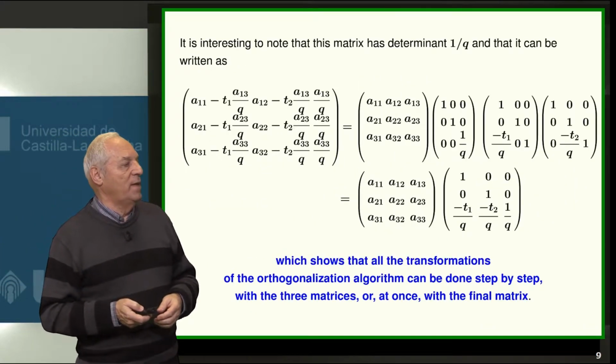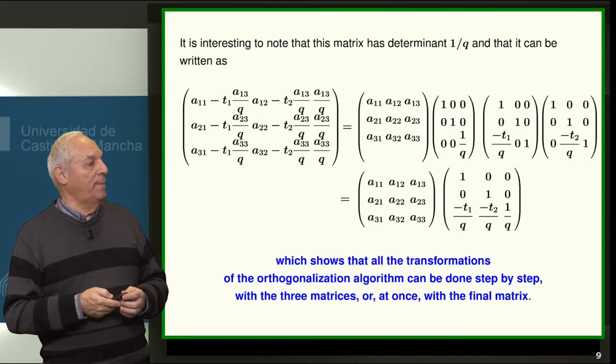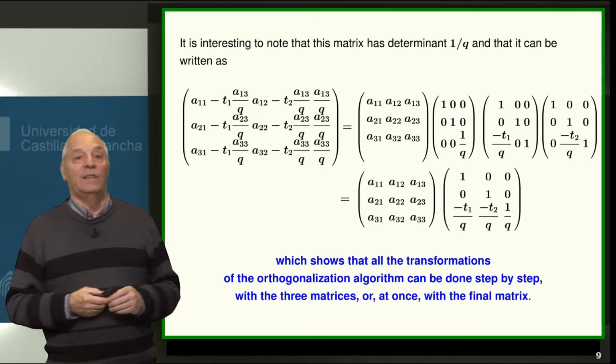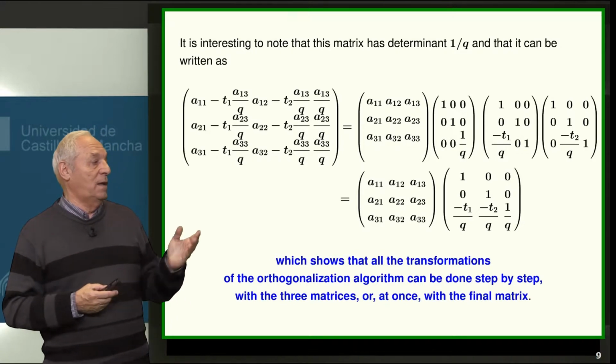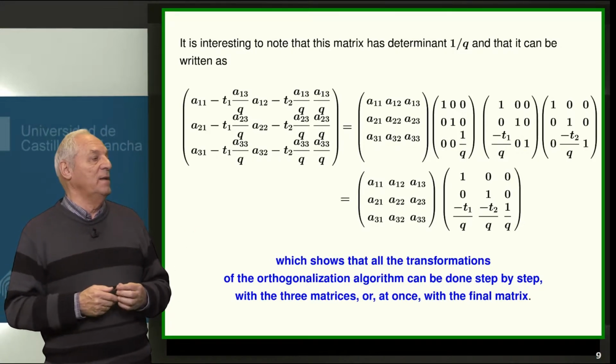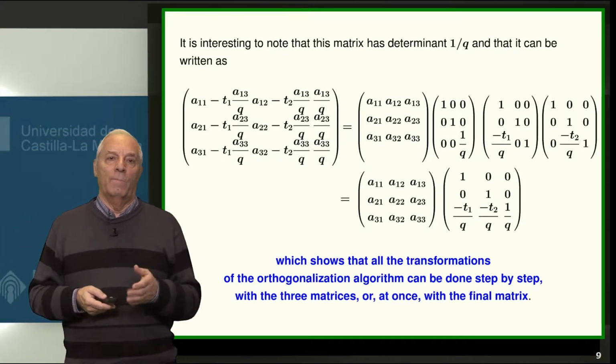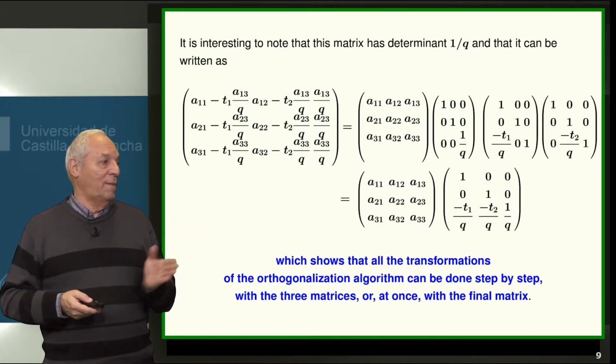So, we are going to demonstrate that the matrix that we have obtained when transforming, you can get it in two forms: either multiplying from behind by the matrix that we have indicated, or we can do it in 3 steps.